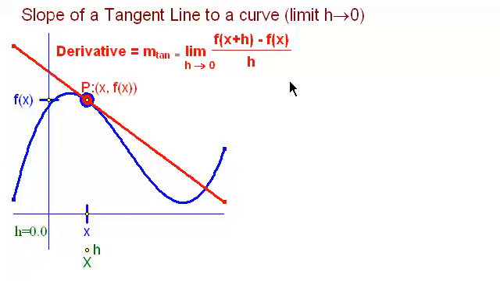So this is how the definition of the first derivative is derived, and we find the first derivative using this definition. I hope you understand the visual demonstration of the secant line becoming a tangent line, and how to find the definition of the first derivative.